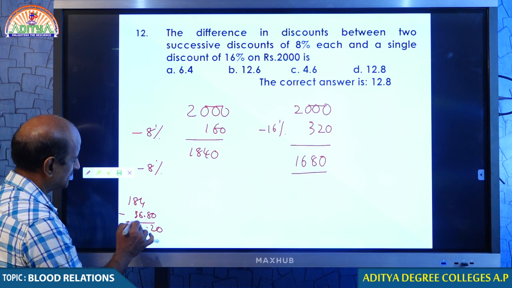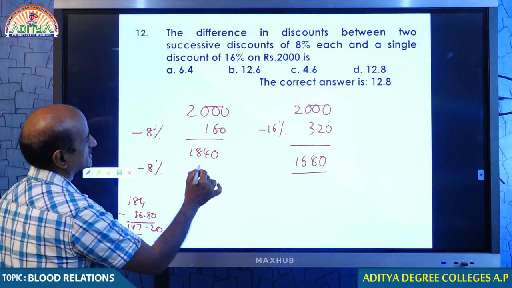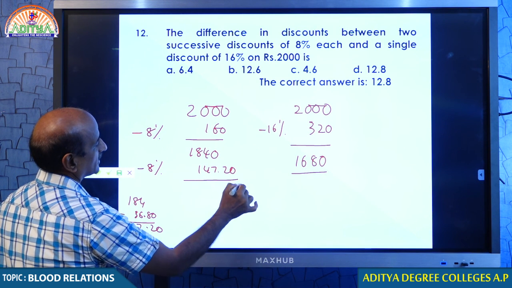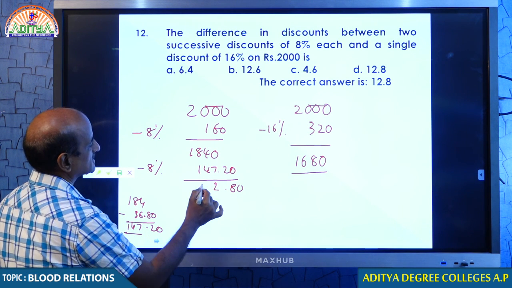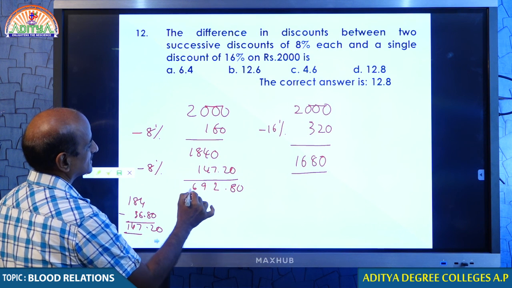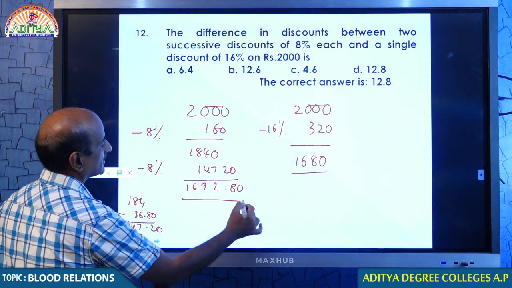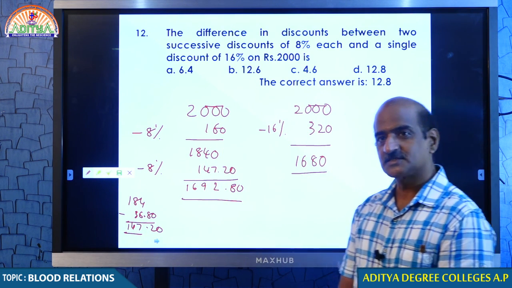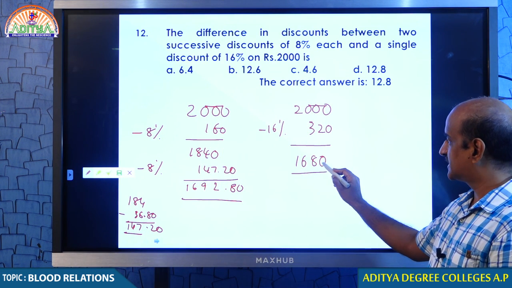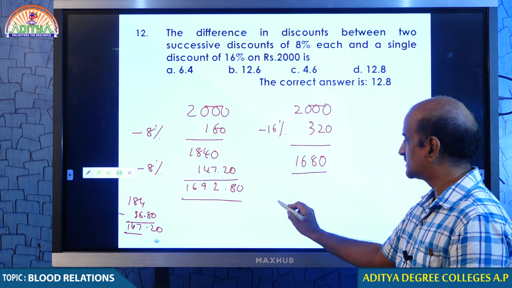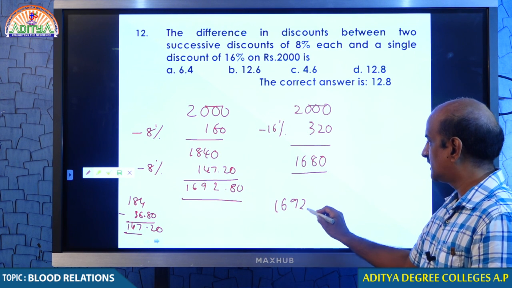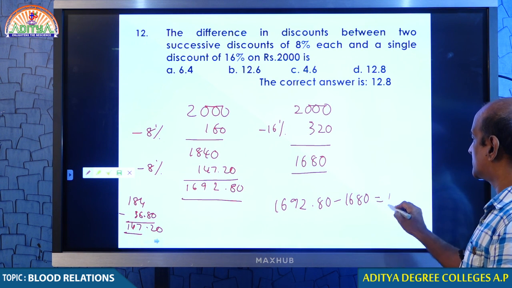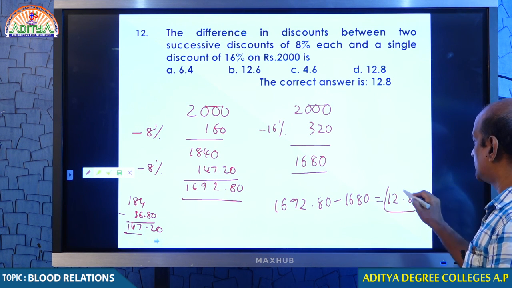So 8% is 147 rupees 20 paise. Therefore, if you give 16% straight away, you will be getting 1680, but with 8% and 8% you have to pay 1692 rupees 80 paise. Therefore, the difference between these two prices is 12 rupees 80 paise.